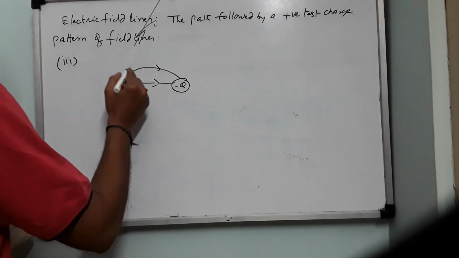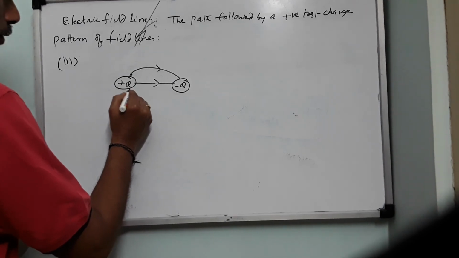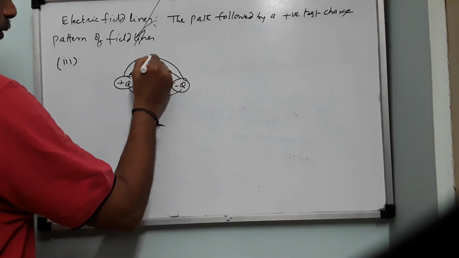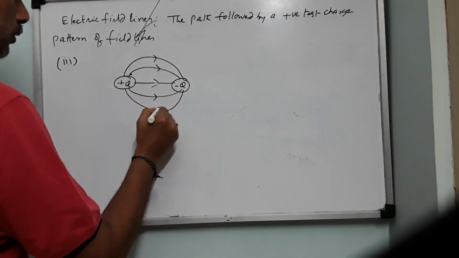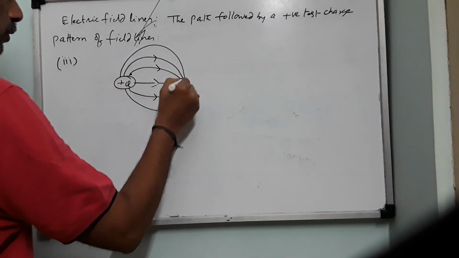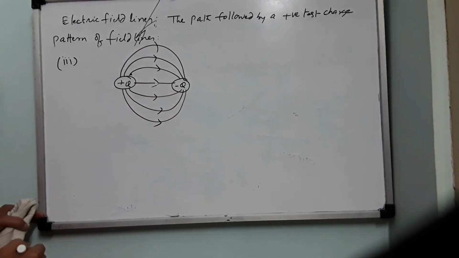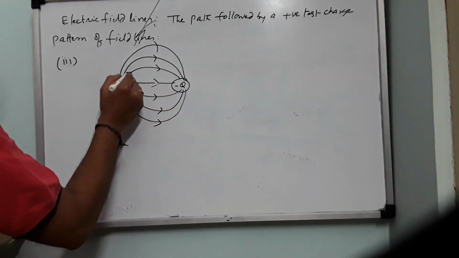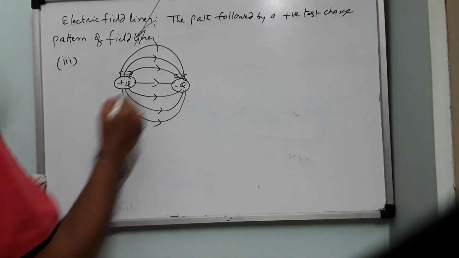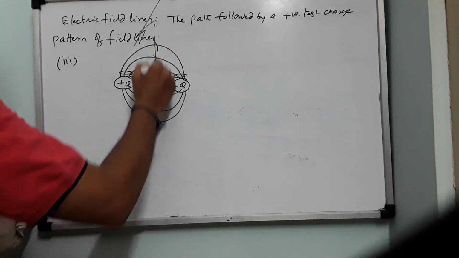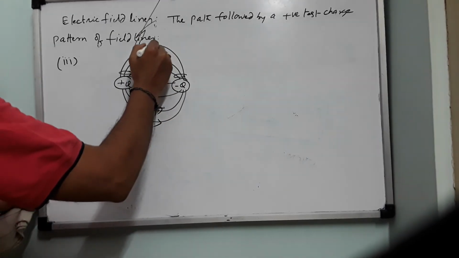Now, if I place same Q0 over here, what will happen? It will go like this. And here it will be like this. Here it will be like this, and here is lines. You can see that near the charges, the distance between the field lines is small, and along this line you can see that the distance between the field lines is increasing.